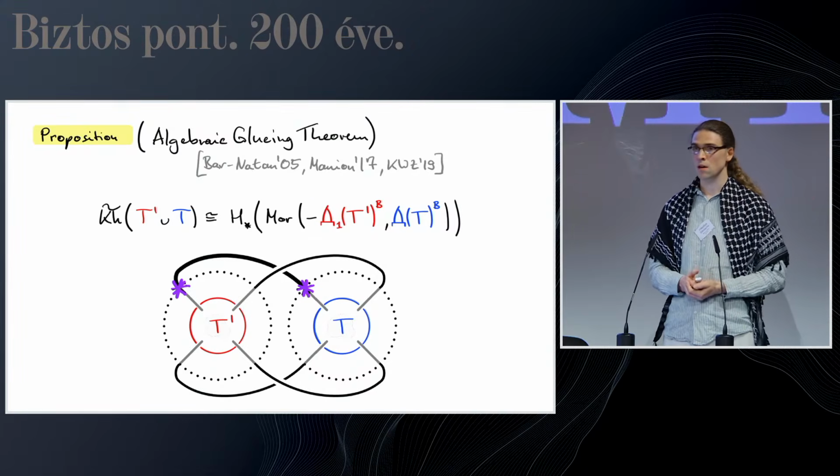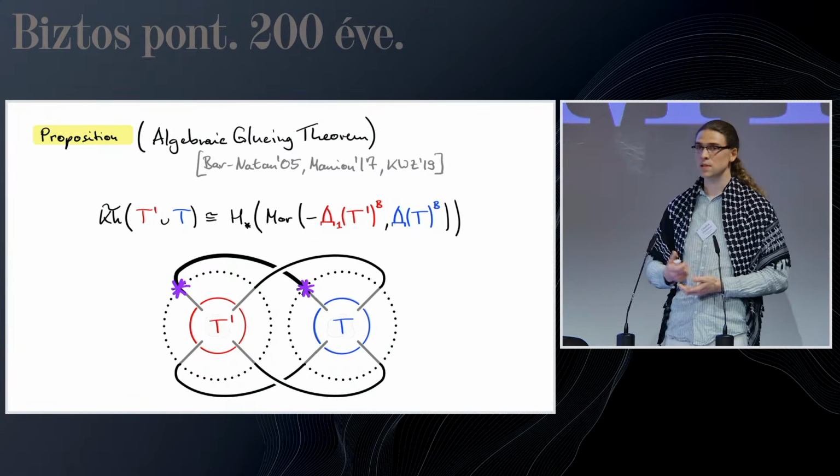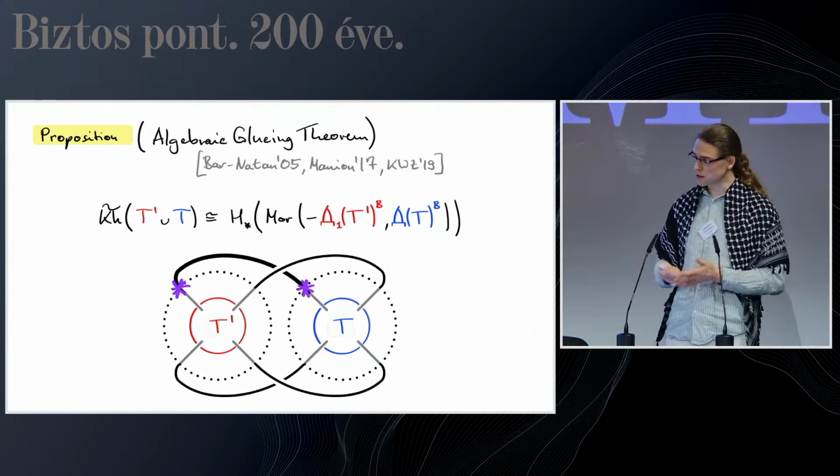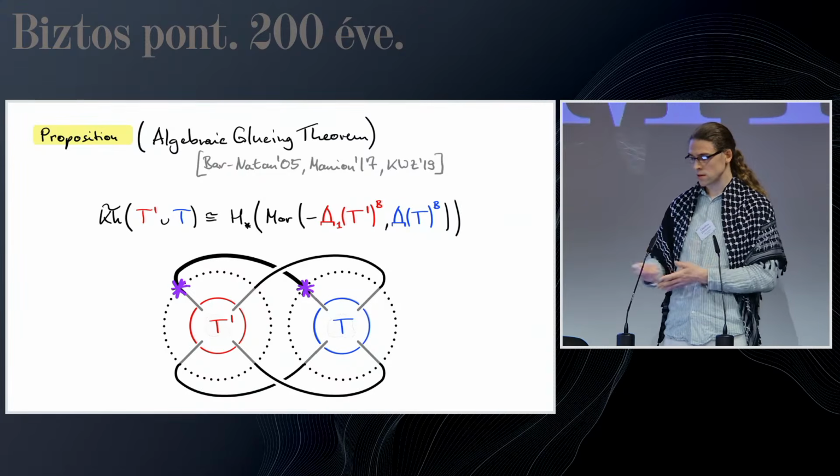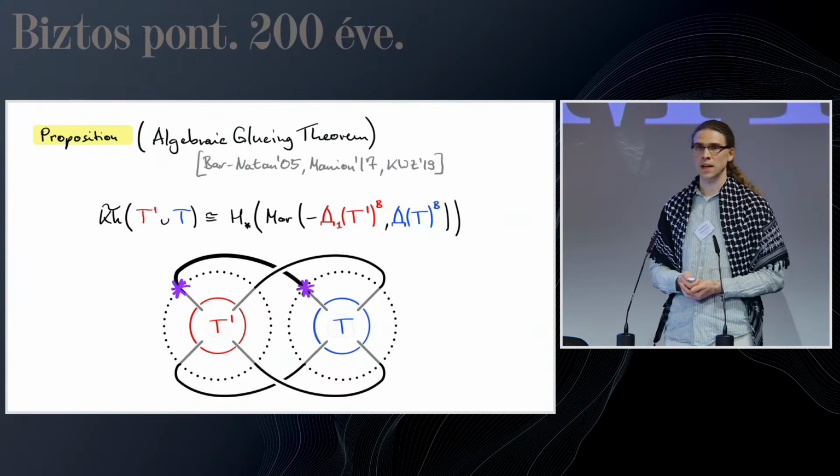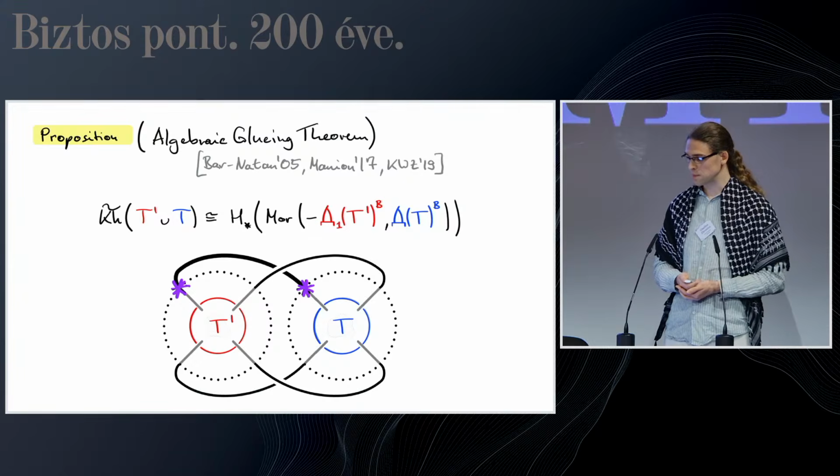There I use the one with the mapping cone, and then the invariant of T where I don't use the mapping cone. So this follows almost immediately from Bar-Natan's gluing formalism.